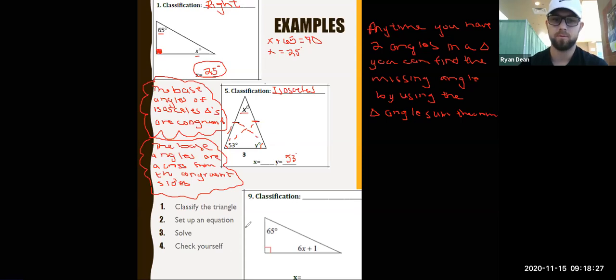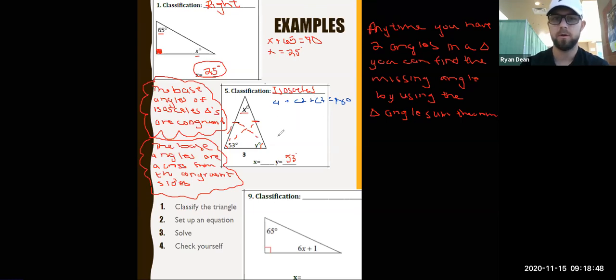For this problem, I'm going to say angle 1 plus angle 2 plus angle 3 is equal to 180. That's what the triangle angle sum theorem says.